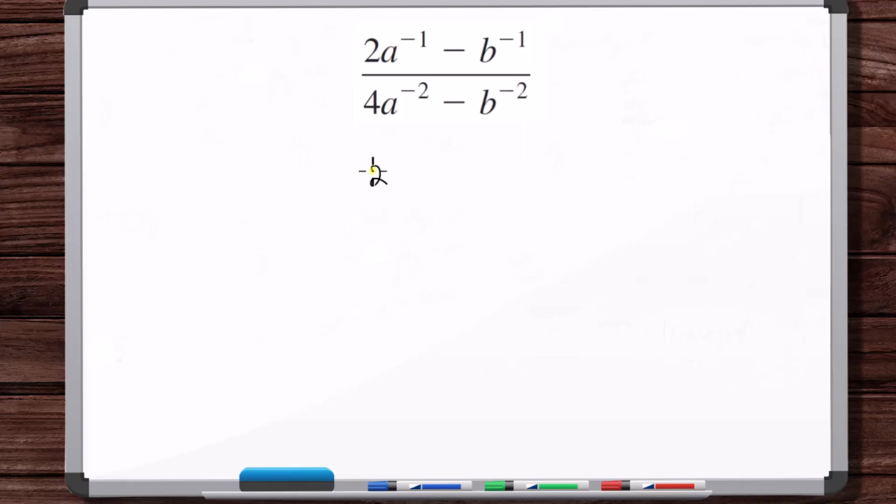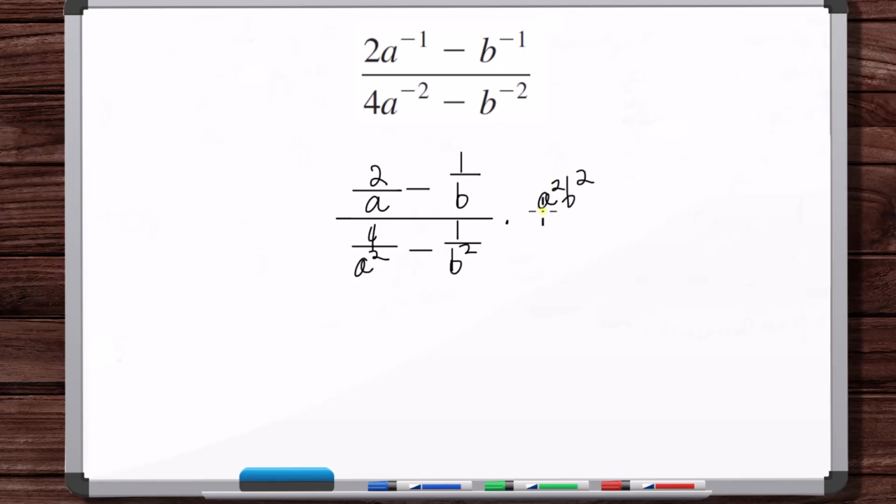Okay, so we've got, let's see, 2 over a minus 1 over b, and then 4 over a squared. Okay. Least common denominator is going to be a squared, b squared. So let's multiply by 1 in the form of a squared b squared over a squared b squared.